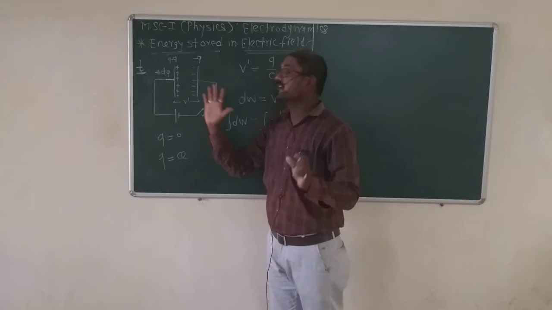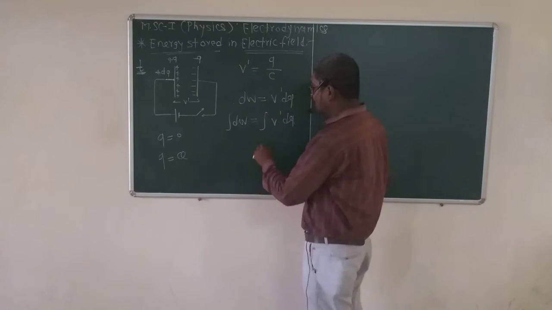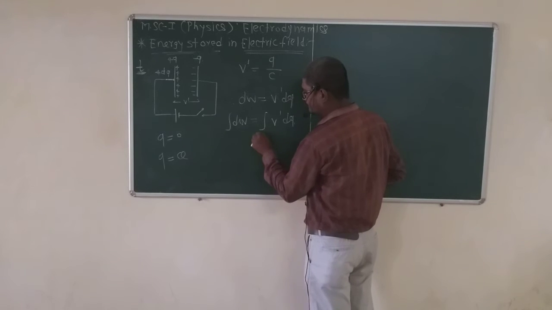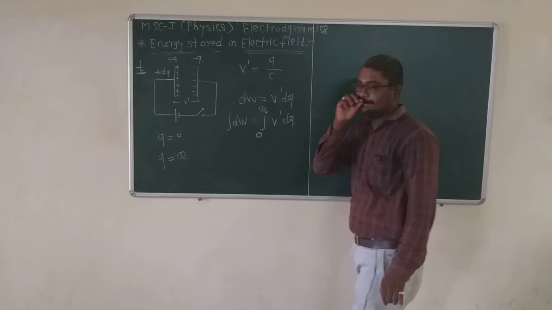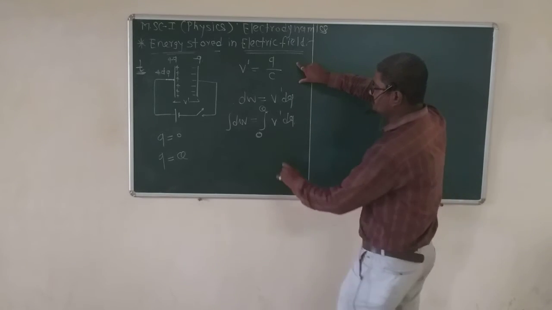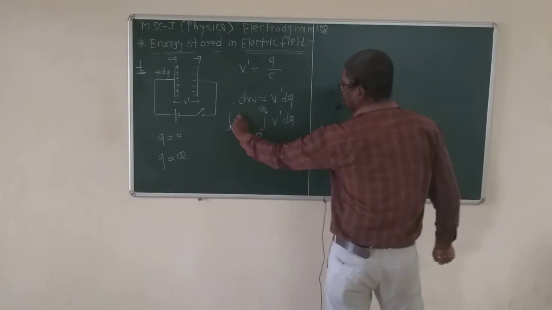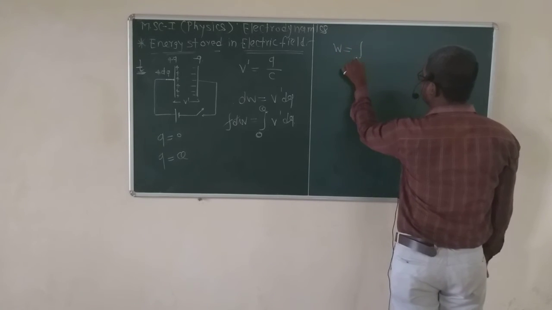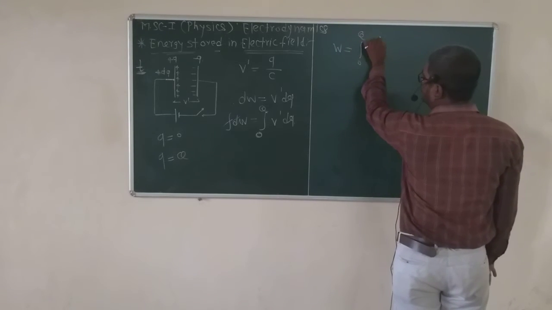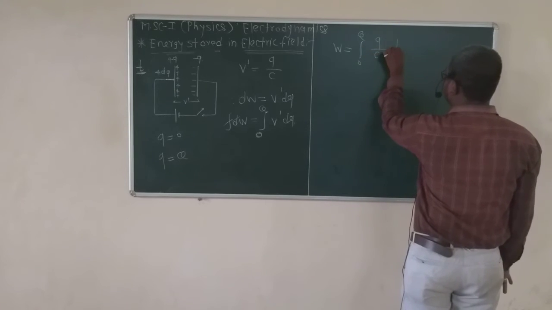Then the capacitor is fully charged, and the limits are 0 to Q, initially discharged and finally fully charged. Then by using the equation, W is equal to integration from 0 to Q of q upon C into dq.